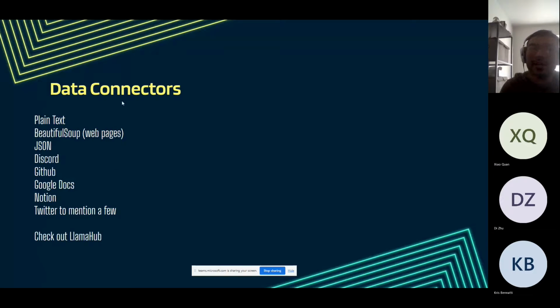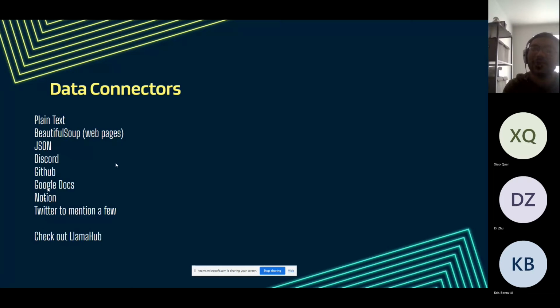So what are the different types of data connectors available? You can have web pages. You can feed web pages directly. I think you can also use another library in conjunction. You can also use PDFs. You can get Discord data, GitHub data, Google Docs data, Notion data, Twitter data.